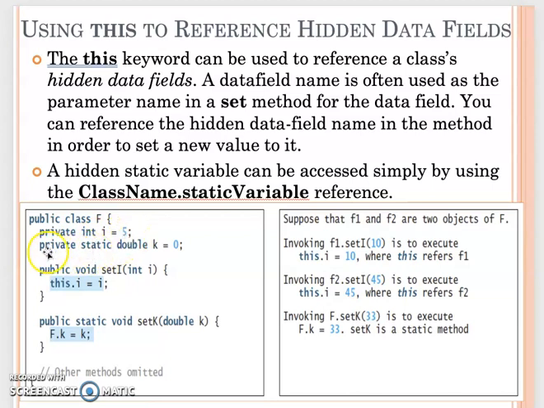But if you have a static variable k, be careful. If you want to access k, you cannot use this dot k. For any static variable, be sure to always use the class name dot the static variable name. This keyword can only associate with the instance variable name. For the static variable name, please use the class name.